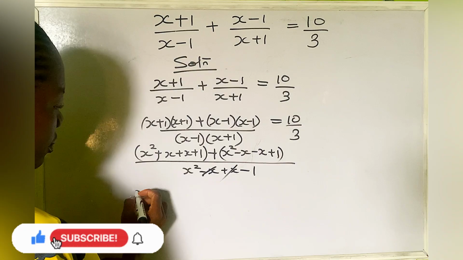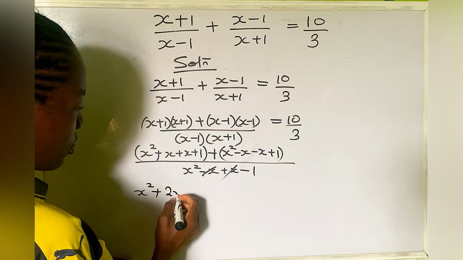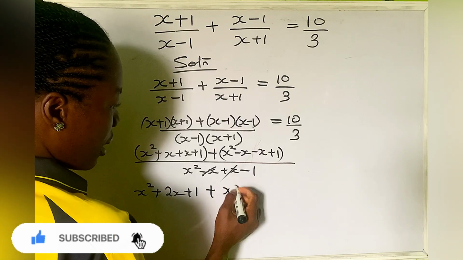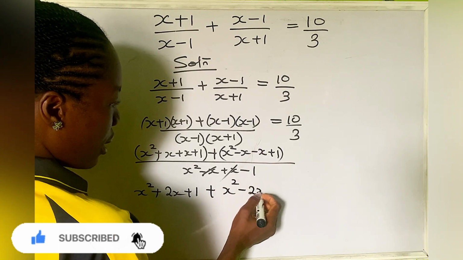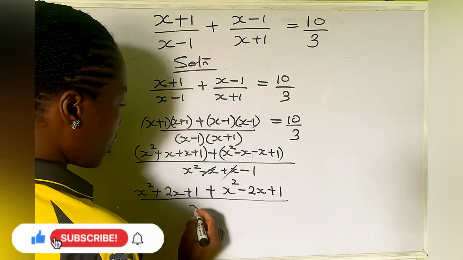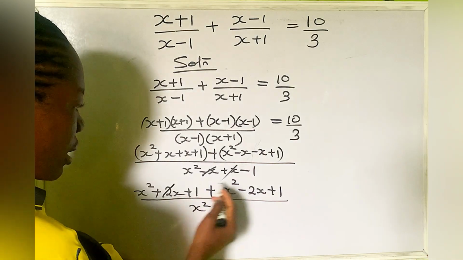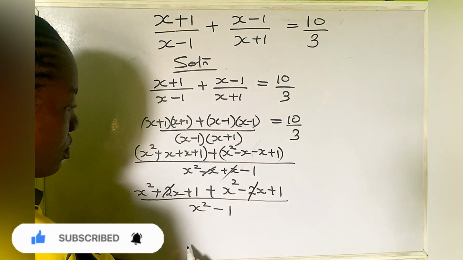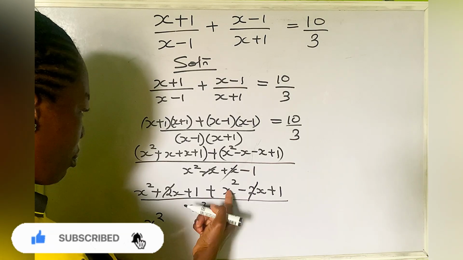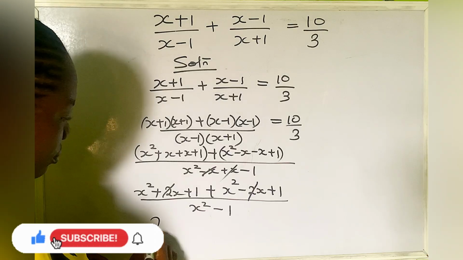Now we have x² + x is going to give us 2x + 1 plus x² − 2x + 1 all over x² − 1. Now we see that plus 2x, minus 2x cancel, right? So we are left with x² + x² is going to give us 2x².